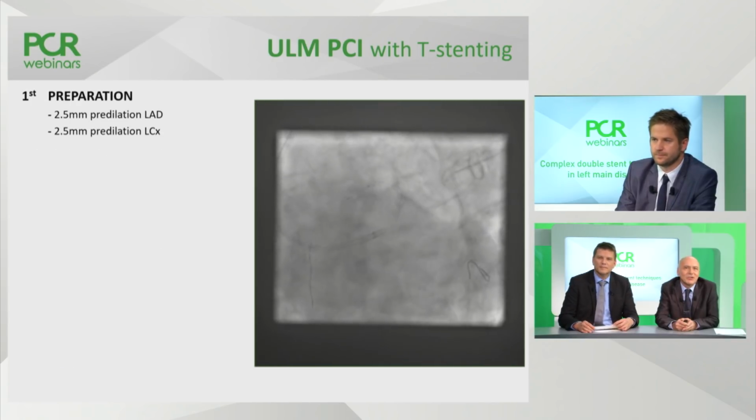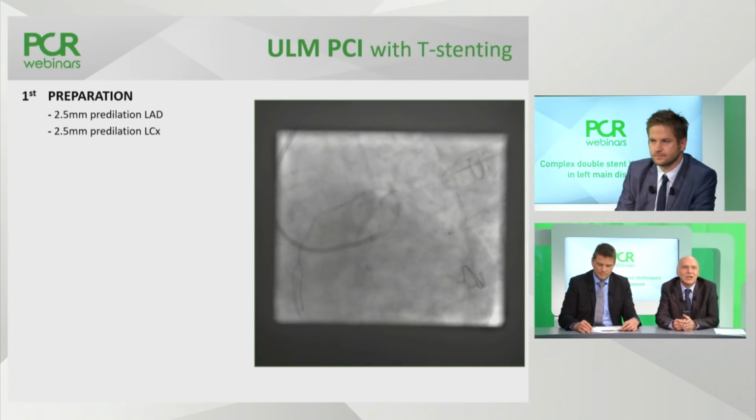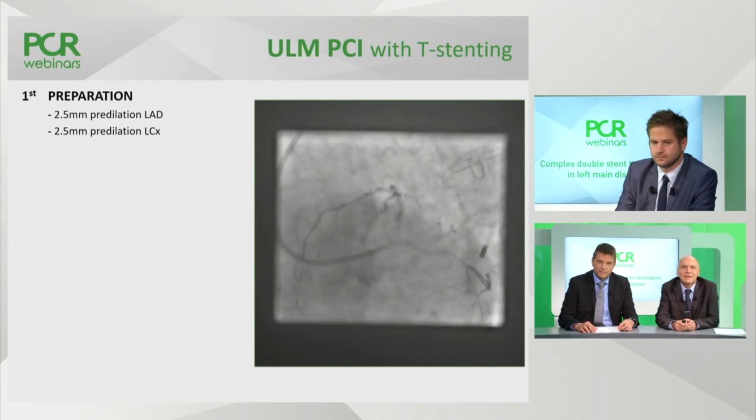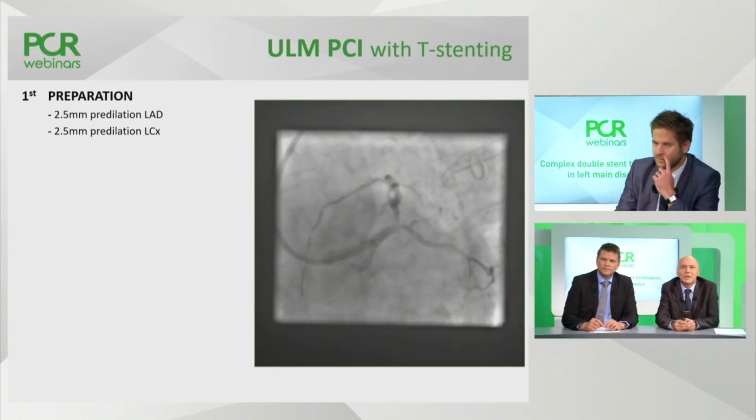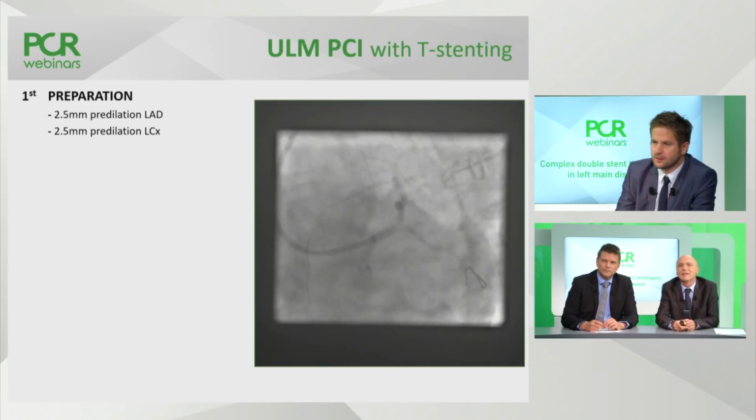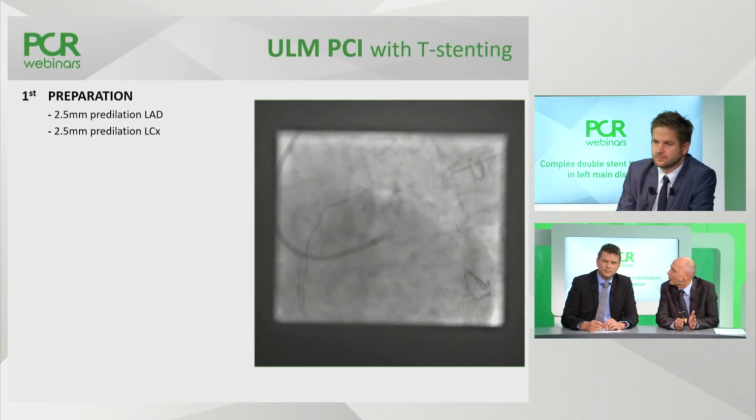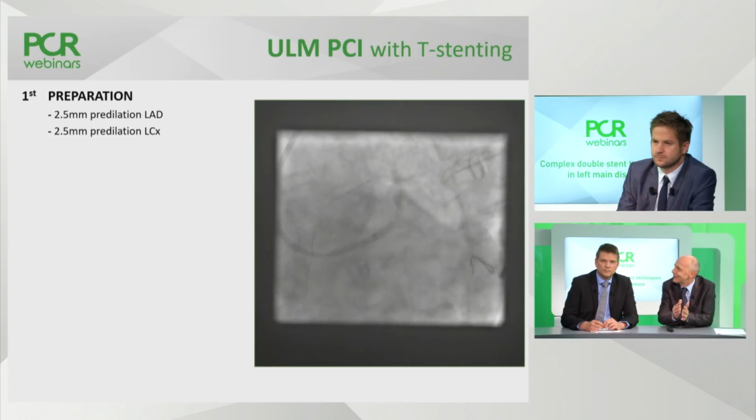Then, as I mentioned already, the plan was really to open the arteries. So I did first pre-dilatation of the LAD, followed by pre-dilatation of the circumflex. And I was happy to see the full expansion of the balloon, even though I recognize that this is a rather small balloon to judge the resistance of the lesion.